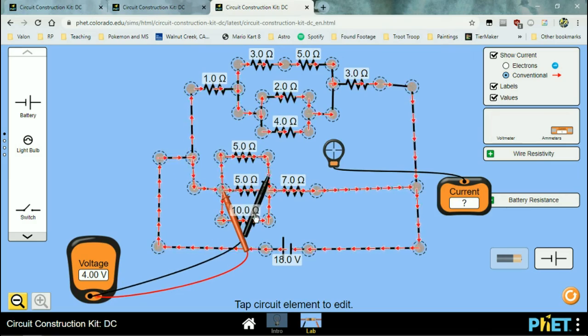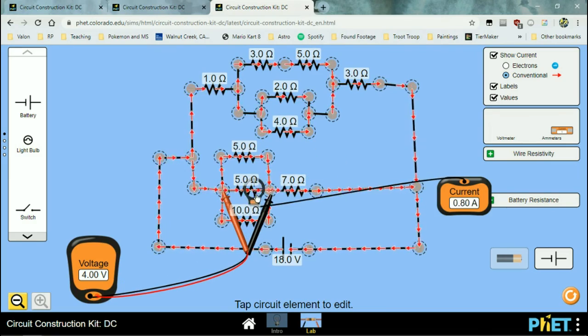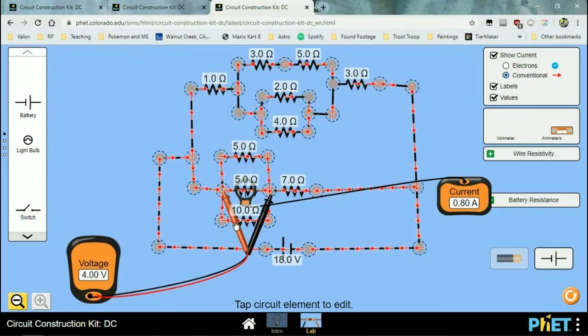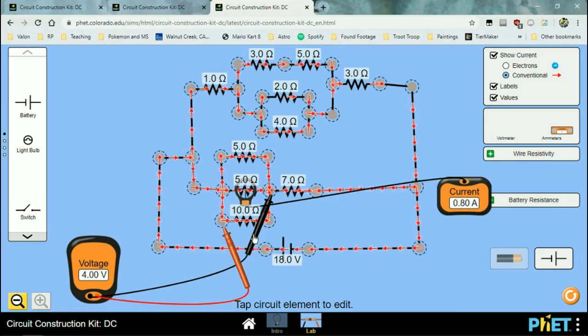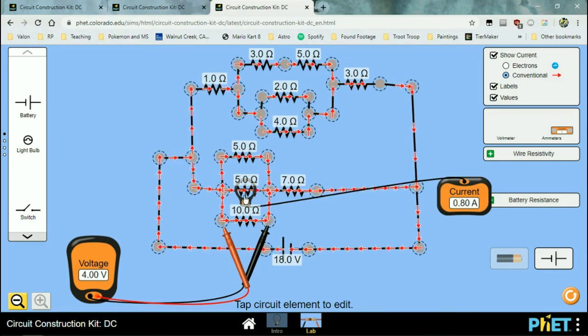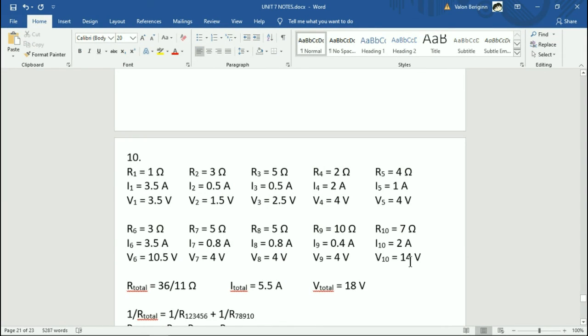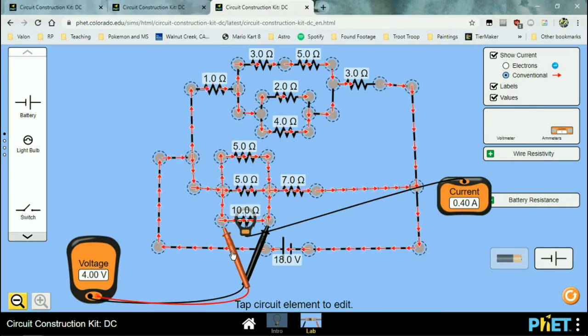R8 should be exactly the same. 4 volts, 0.8 amps. And, yeah, R9 should be 4 volts and 0.4 amps. 0.4 amps. And R10 should be 14 volts and 2 amps.